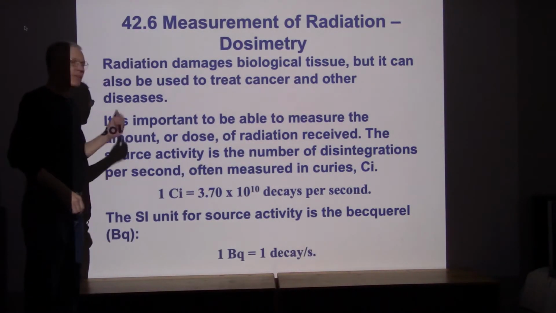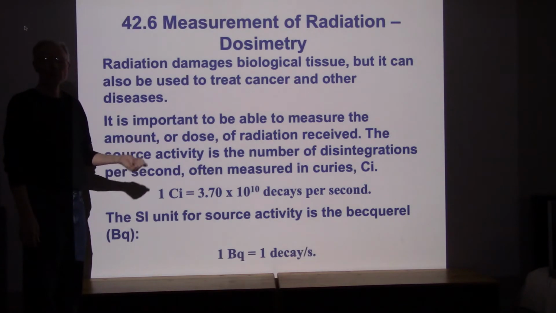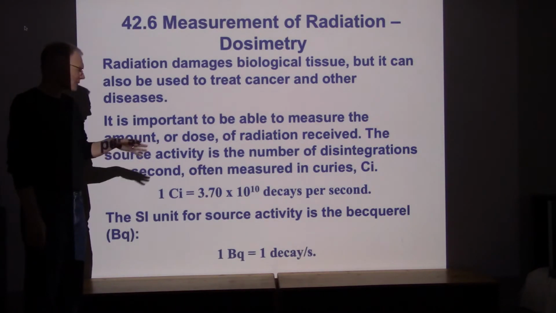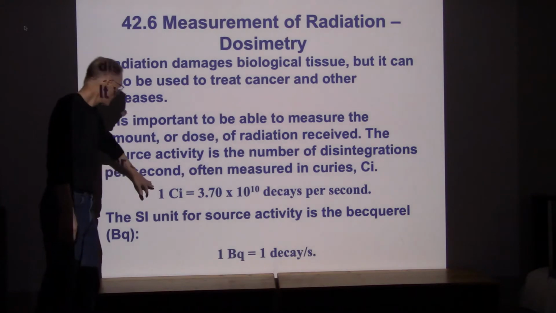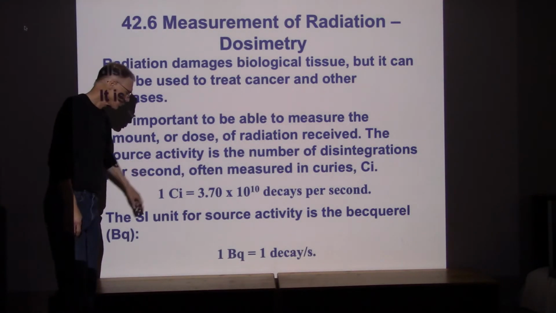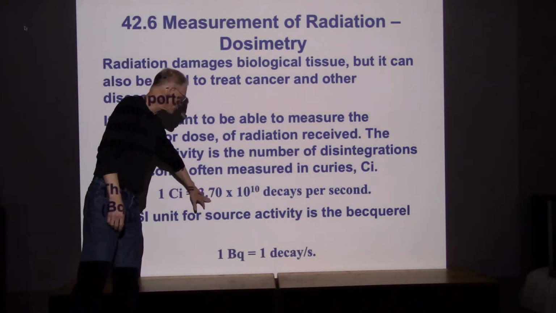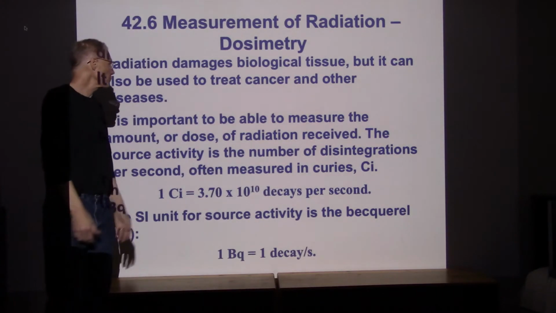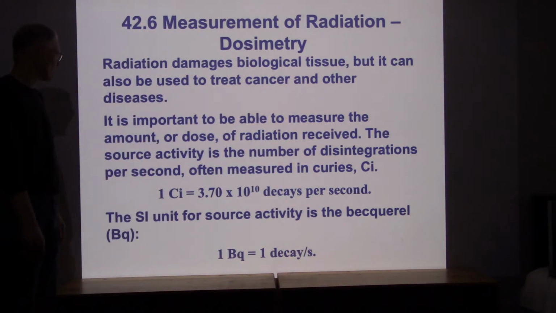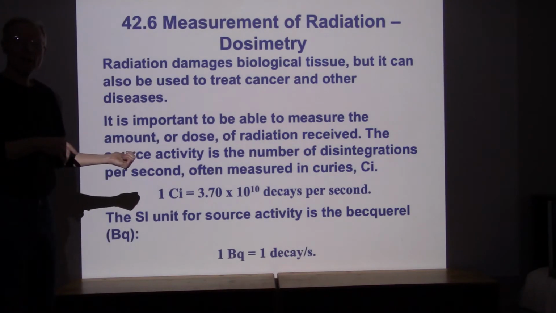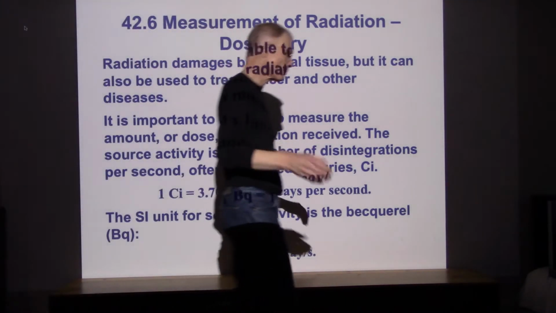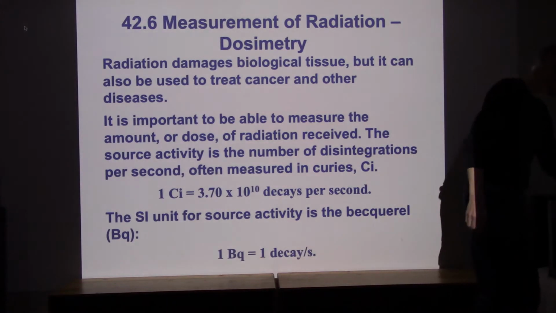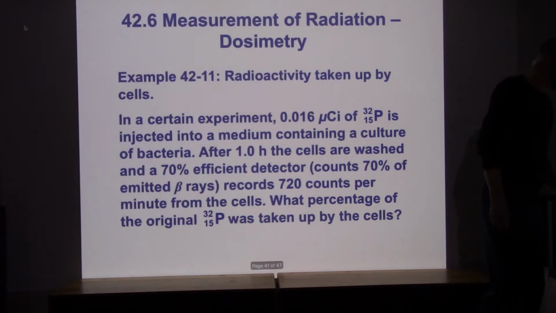But unfortunately they're in some of the homework problems and they're in our textbook, and so you just kind of have to be familiar. 1 curie represents a decay rate of 3.70 × 10^10 decays per second. So I'm not planning on using that, but you need to be familiar with that to be able to do, again, some of the homework problems.